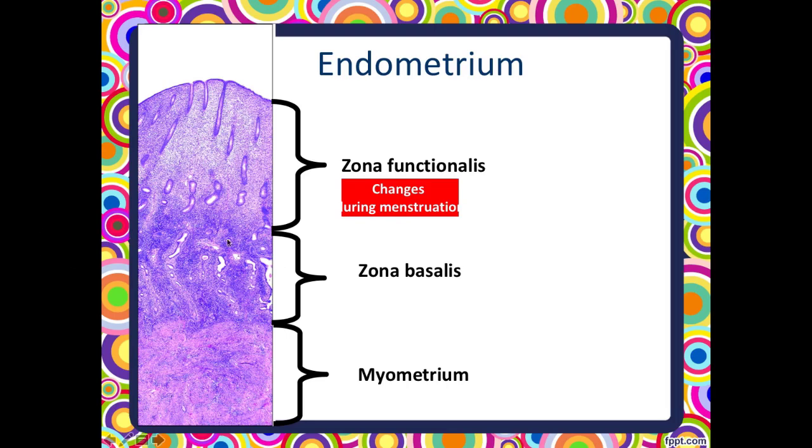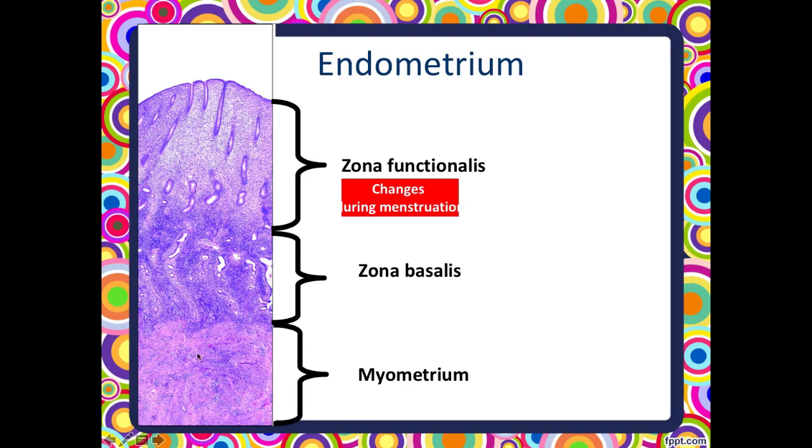The deeper layer is zona basalis, or basal layer, which is retained during menstruation, and it serves as a source of new cells during the regeneration of the stratum functionale, or the functional layer. So this part remains after menstruation and serves as the source of the new cells.